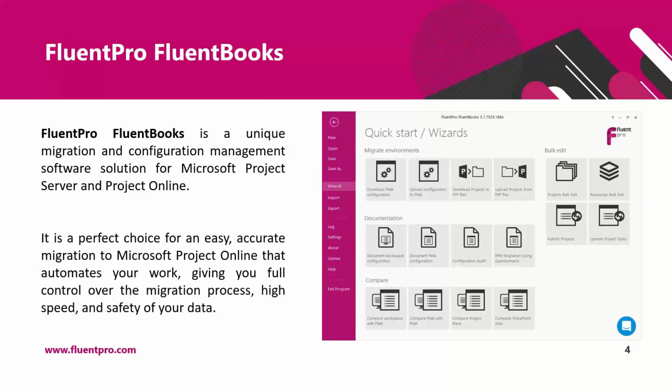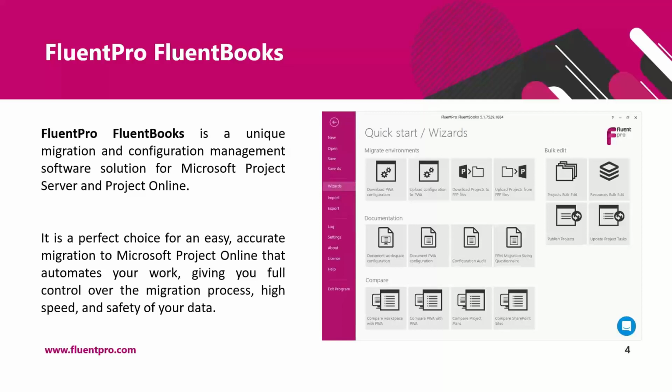So FluentBooks is a unique migration and configuration management software solution for Microsoft Project Server and Project Online developed by FluentPro. FluentBooks is the only solution that provides a complete toolset for a secure, fast, and full migration of Microsoft Project Server and Project Online data. It allows to migrate not only SharePoint content, but also PWA configuration, including resources, custom fields and lookups, security, and all other parameters.